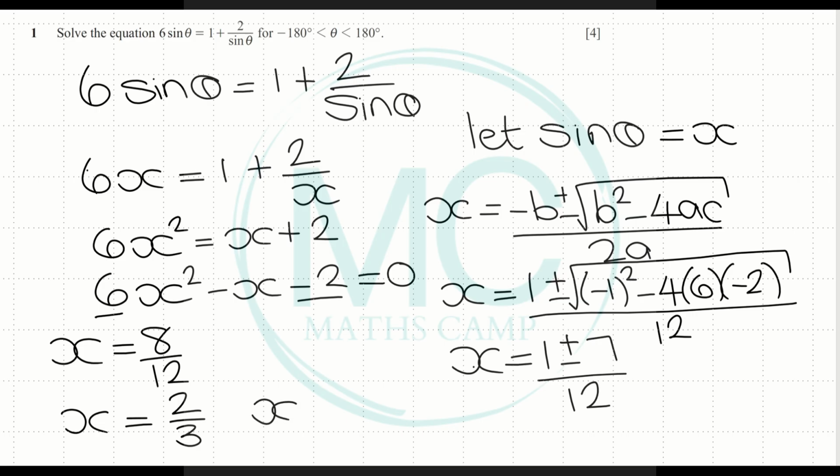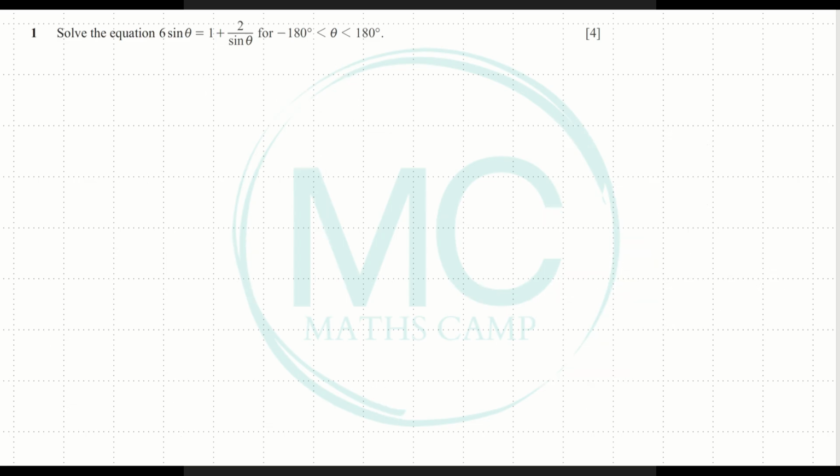So x could be equal to negative 1 over 2. Let's make some space and rewrite our x values over here. X is equal to 2 over 3, or x is equal to negative 1 over 2.